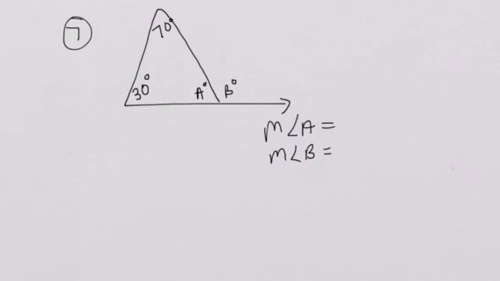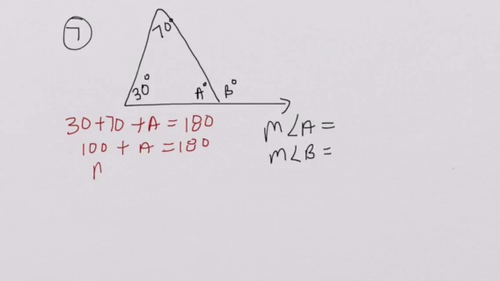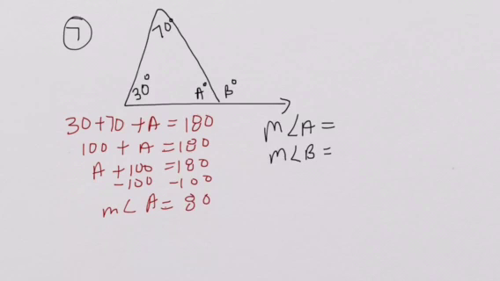So the first thing I need to do is find angle A. So I'm going to do 30 plus 70 plus angle A is equal to 180. So 100 plus A is equal to 180. A plus 100 is equal to 180. Subtract the 100. So the measure of angle A is equal to 80 degrees.